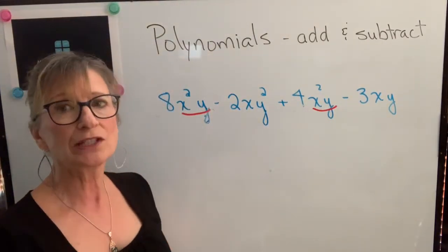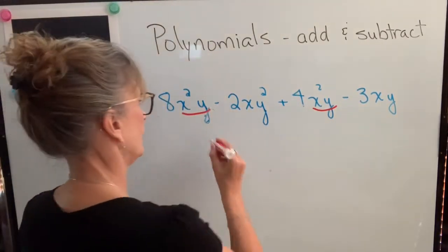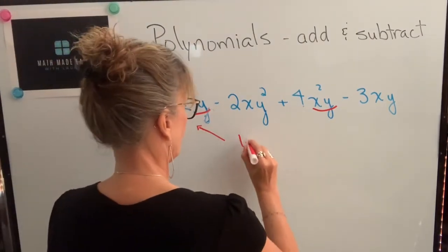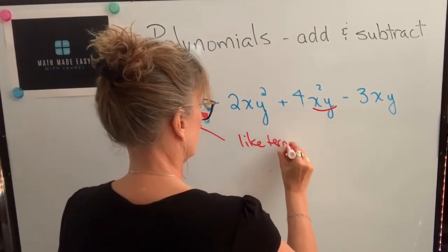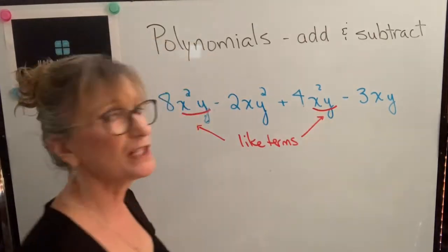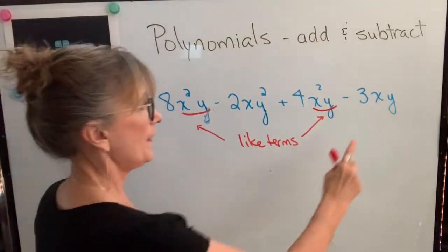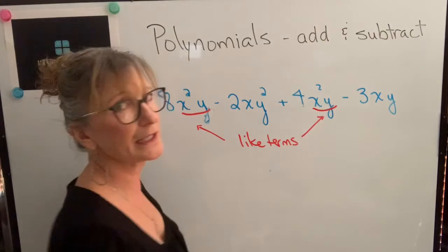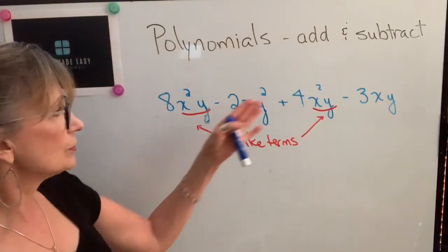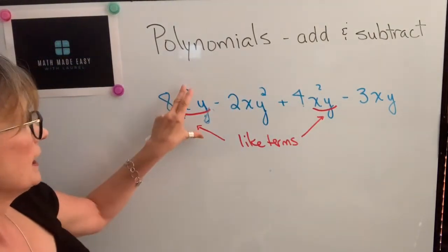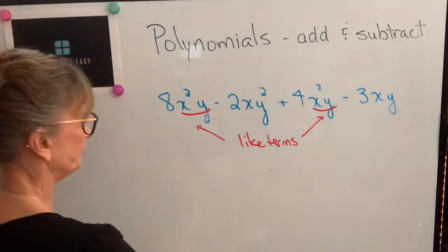So those are called like terms, which means we can add or subtract them. And then we look at our last term, that's not a like term. So the only thing we can do here to do our addition and subtraction is to combine those two terms.